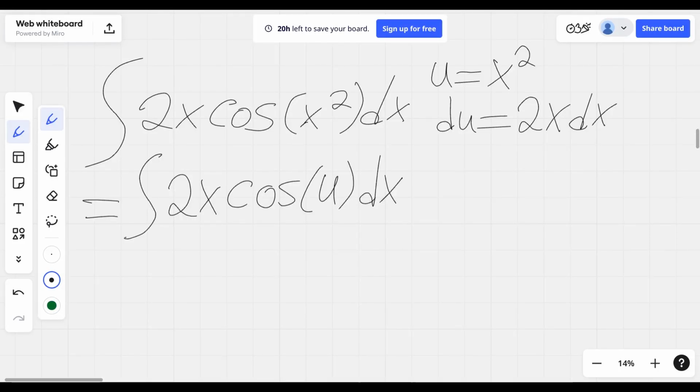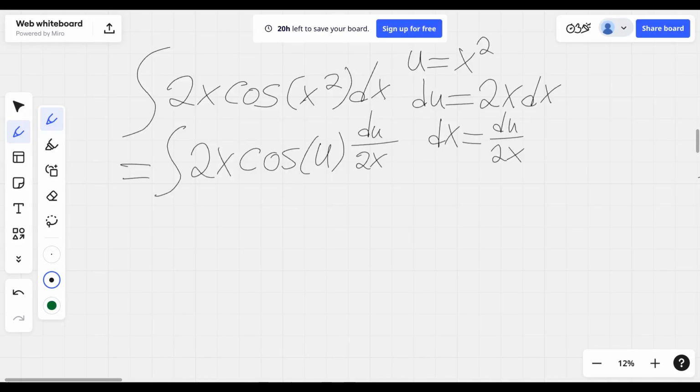And because we did that, we have to change dx to dU over 2x, because here our dx equals dU over 2x. So dx is now dU over 2x.